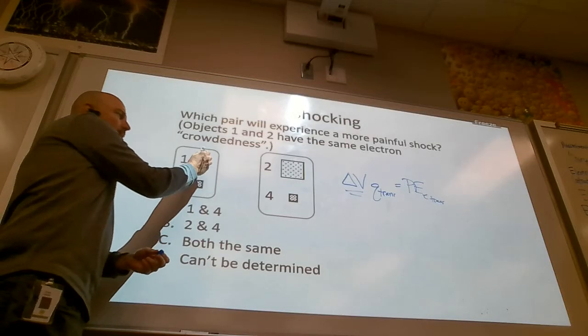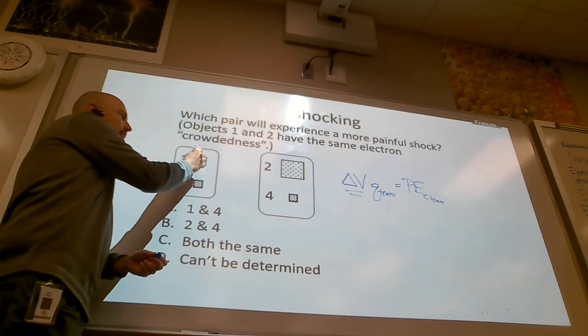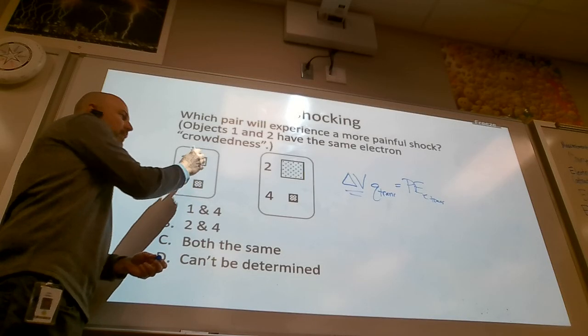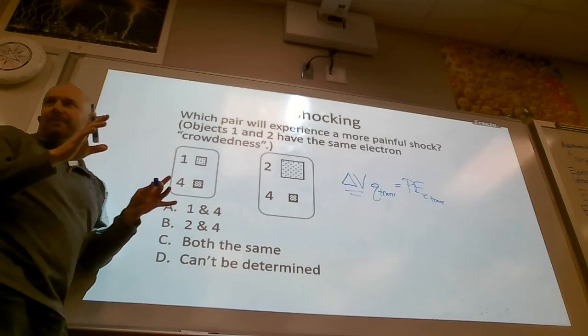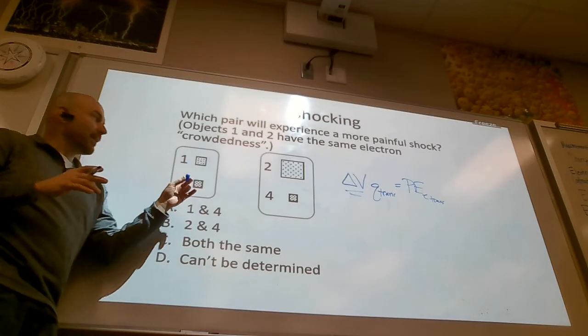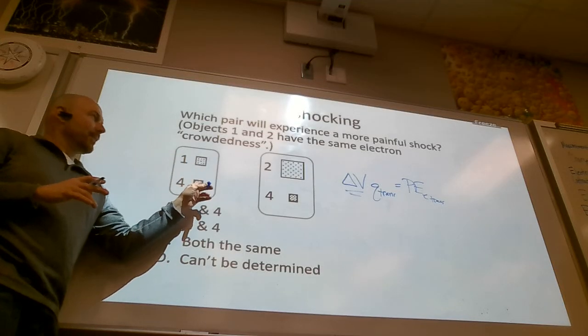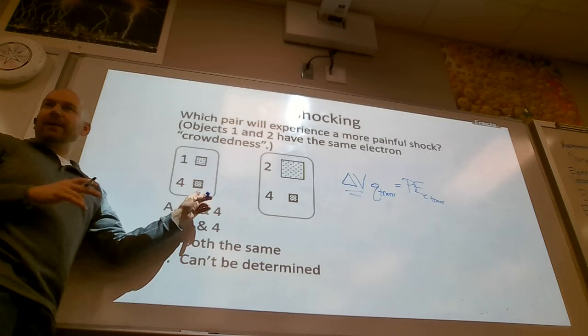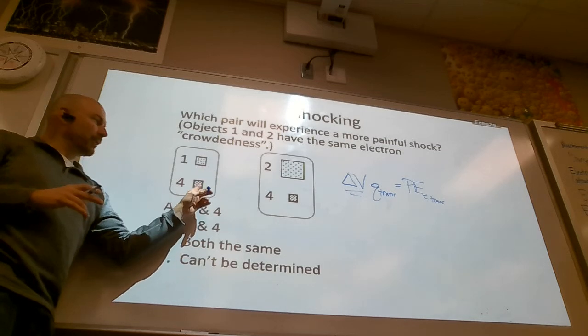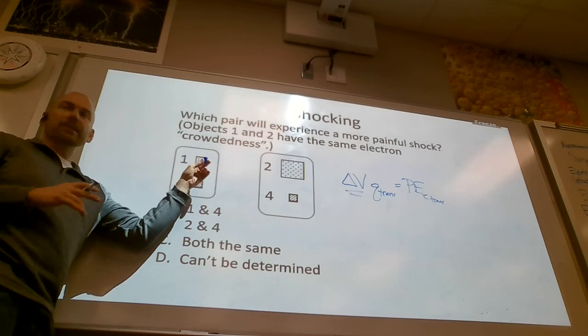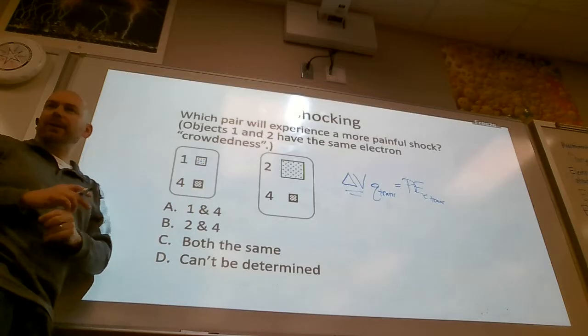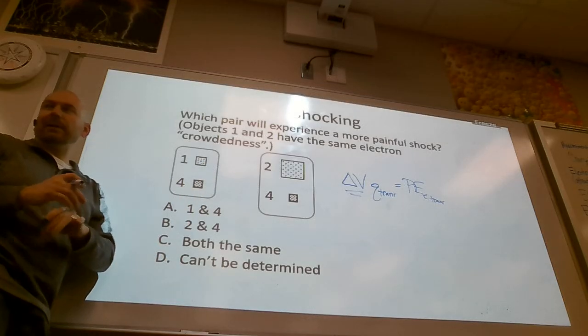Let's say one electron jumps. You get 4 electrons. This is symbolic. Now we're about equally crowded, like we reduce the number in here and increase the number in here.